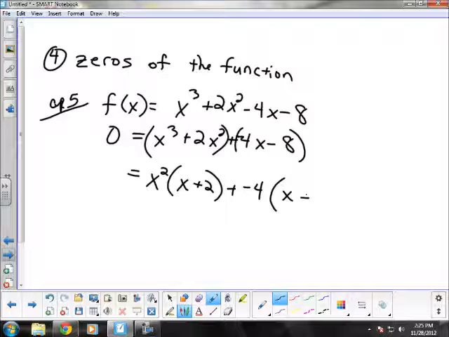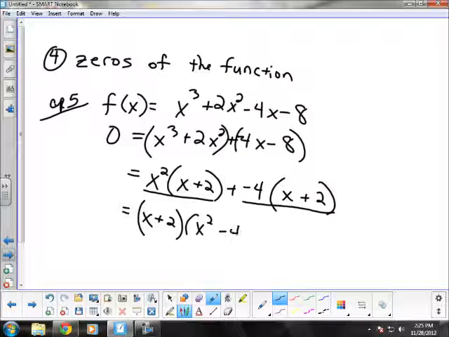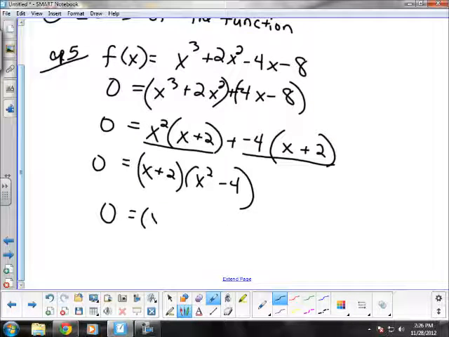That leaves x plus 2. Then once you factored the first time, you turn it into 2 terms that also contain a common factor of x plus 2. So I can factor those up front. And I get left x squared minus 4. And I'm hoping that you recognize that x squared minus 4 is the difference of 2 squares. So that turns into x plus 2 and x minus 2. Right?